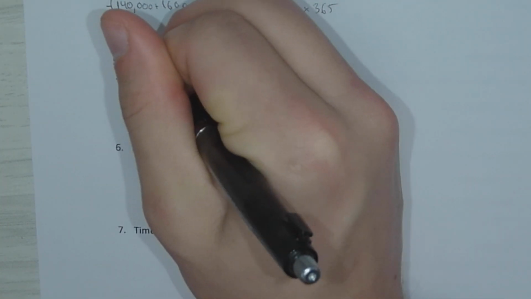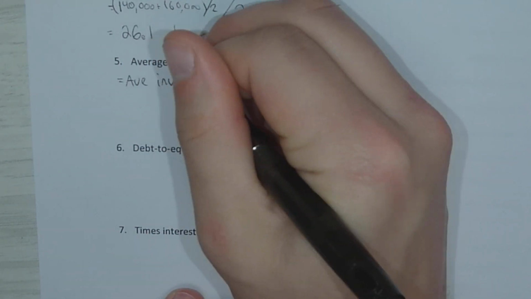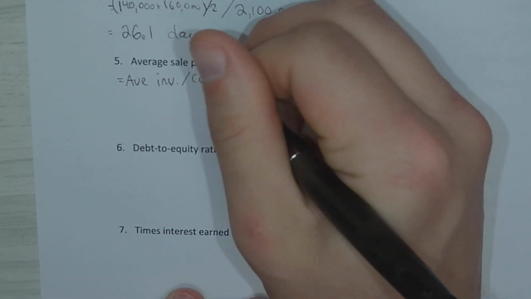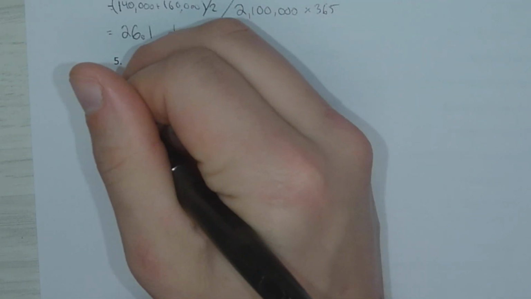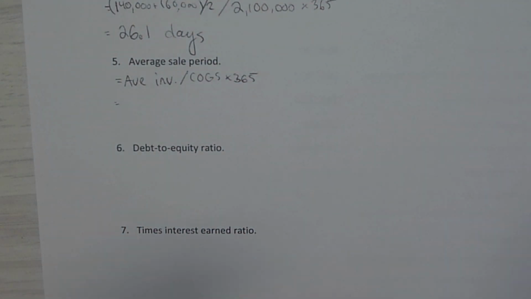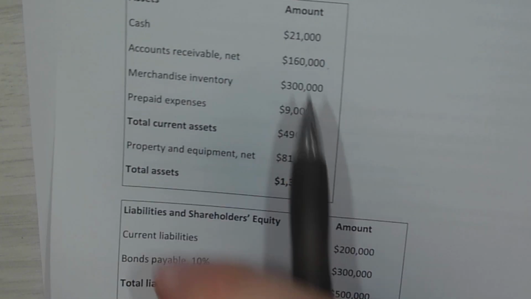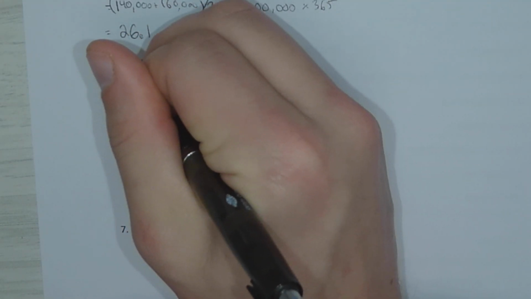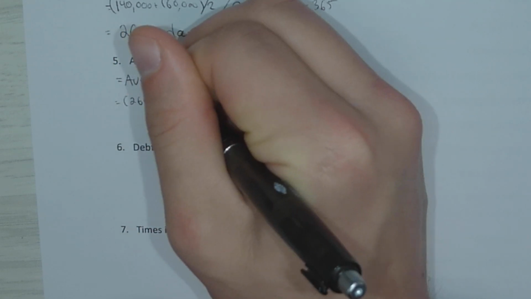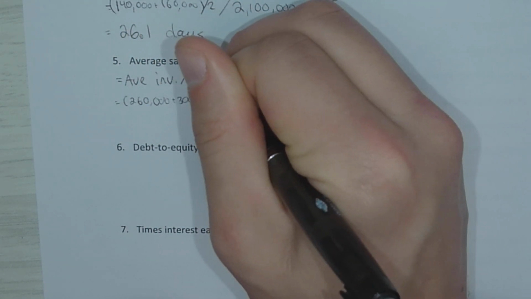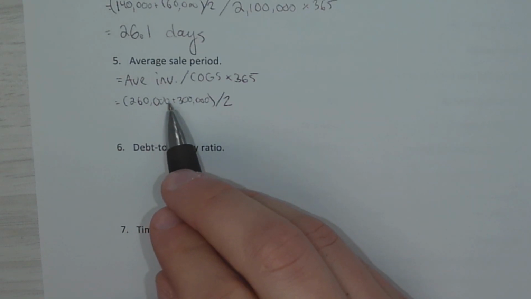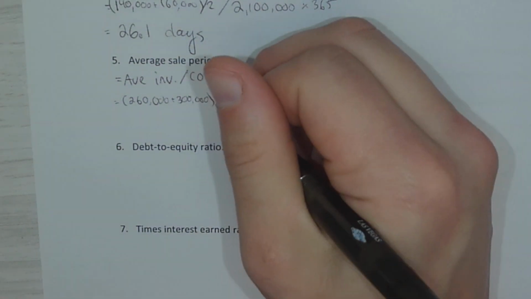And again, our inventory ended at 300, started at 260, divided by 2, because that gets us to 280, which is the middle of this range.